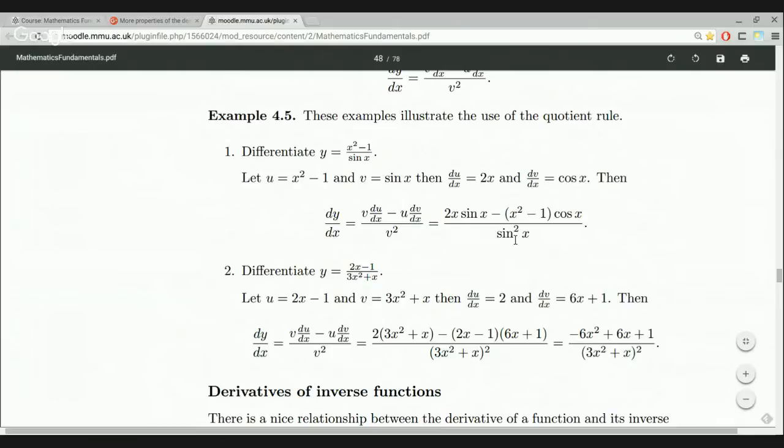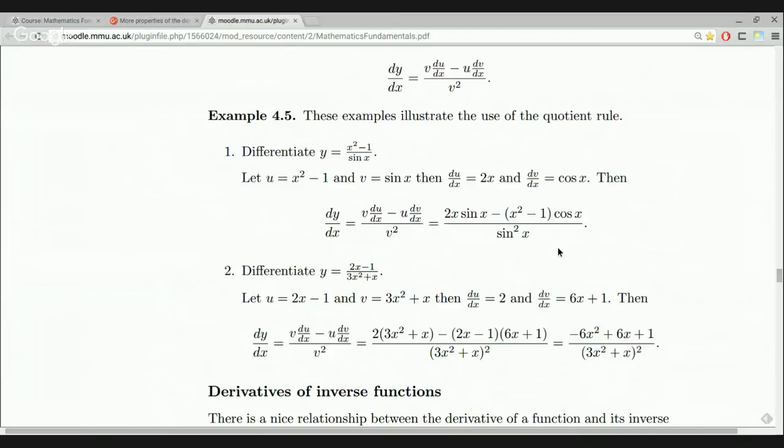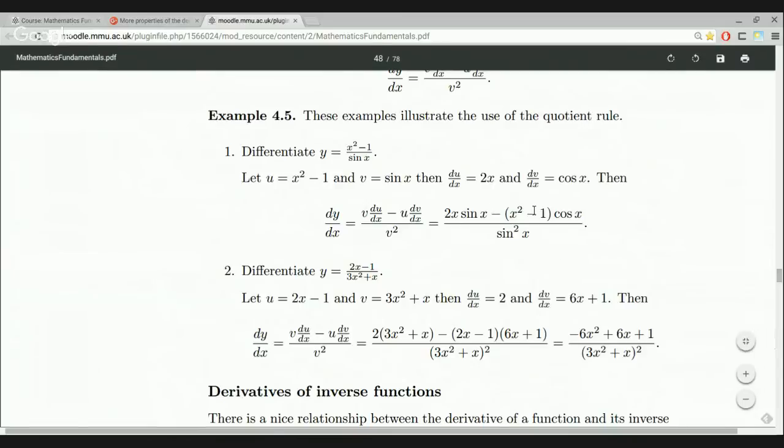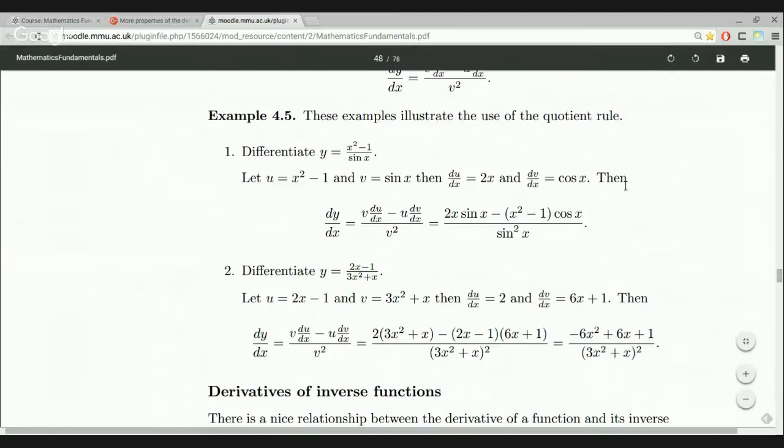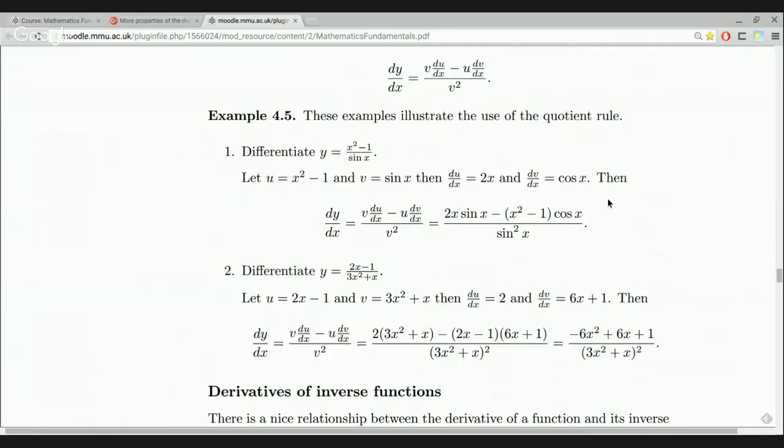Okay? So we have a sine squared, a square of the sine function in the denominator, and then that mixture of derivatives in the numerator. Okay? So we have 2x times sine x. So 2x is the derivative of the numerator function times the sine of x, and then we have minus the original numerator, which is x squared minus 1, multiplied by the derivative of the denominator function, which is cosine of x.